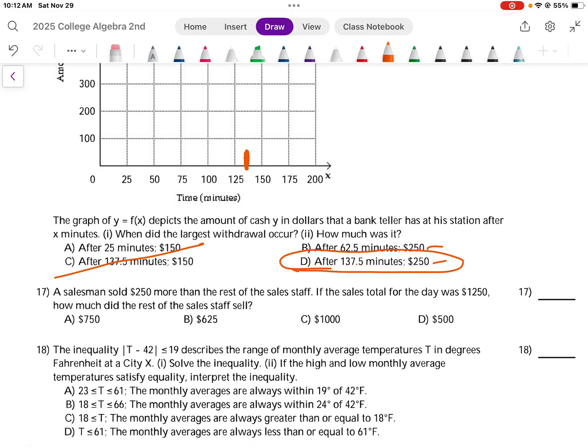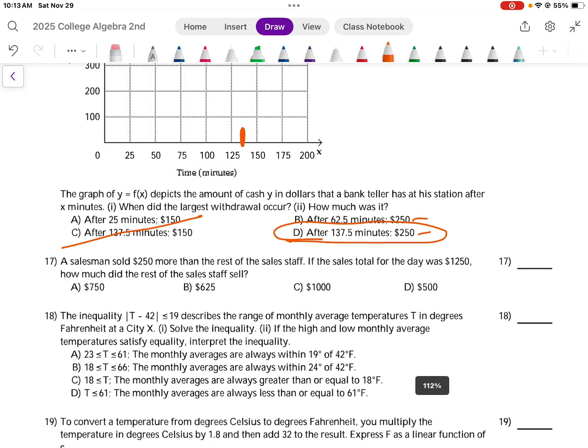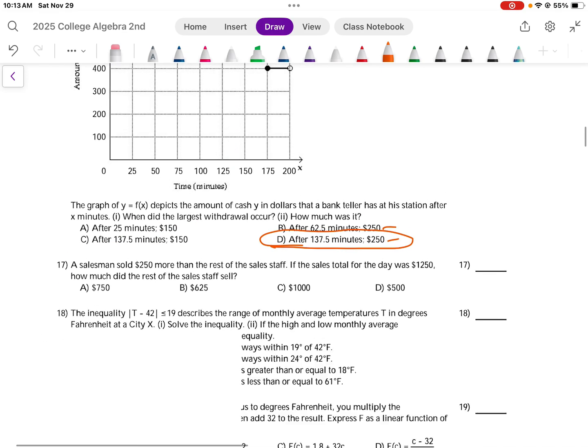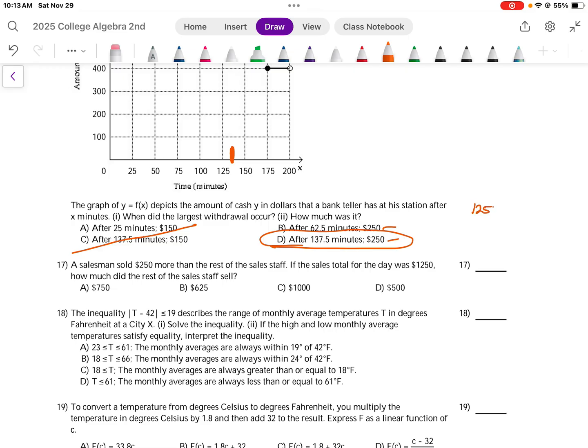A salesman sold 250 more than the rest of the sales staff. The sales totaled for the day was $1250. How much did the rest of the sales staff sell? Okay, so this one we got to kind of create a little equation here. We know the total sales was $1250, and the salesman sold 250 more than the rest of the sales staff.